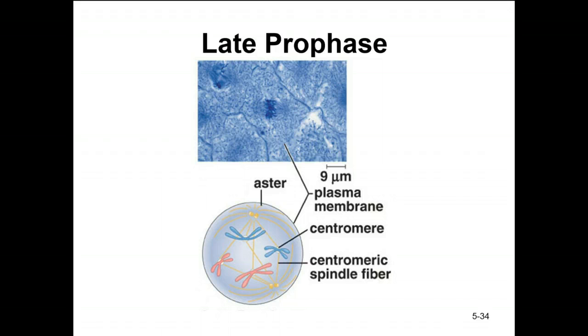This is happening during early prophase and continues during late prophase. Two types of spindle microtubules form: polar microtubules and kinetochore microtubules. The spindle microtubules radiate from the poles, both toward the nucleus, forming a basket around it, and outward towards the plasma membrane.